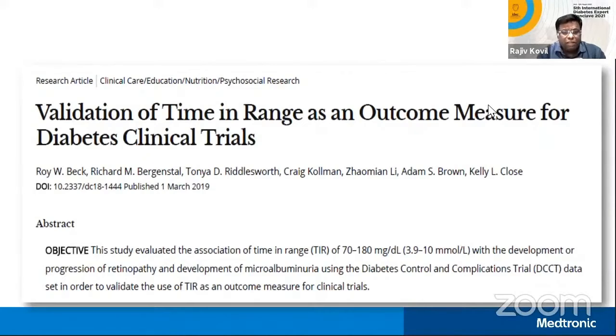Now, most importantly, whether this time in range as an outcome measure, has it been validated? And this is the proof of that, where the study evaluated the association of TIR of 70 to 180 with the development and progression of diabetic retinopathy and development of microalbuminuria in the DCCT.